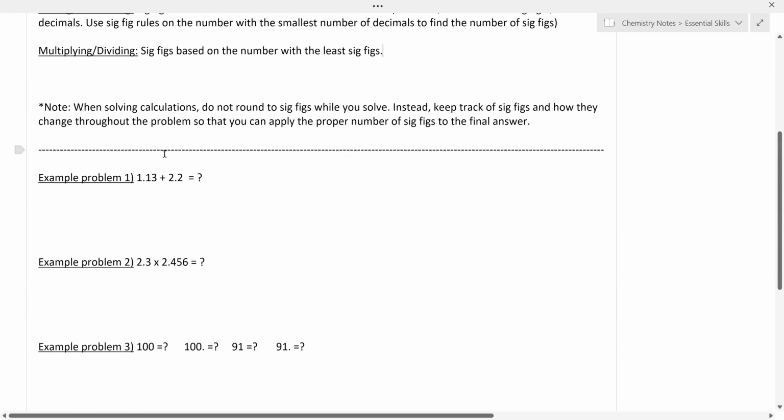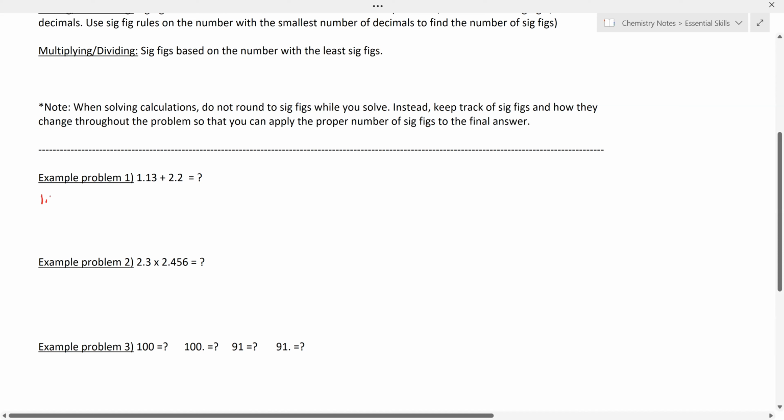Okay, so now on to our example problems. So per usual, I'm going to use a physical calculator. In this case, you'll see here we have 1.13 plus 2.2. And then we'll do this math without the sig figs first, so we know what it equals.